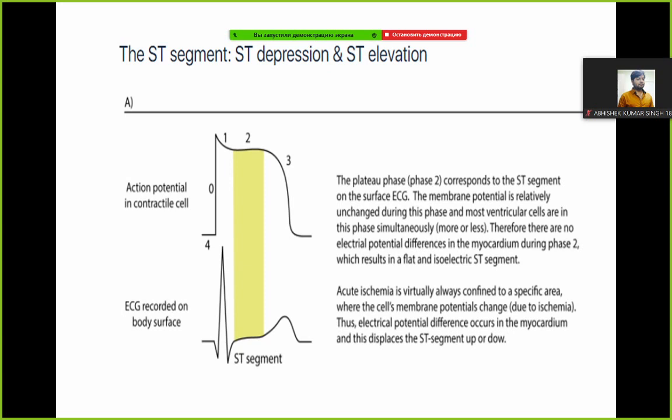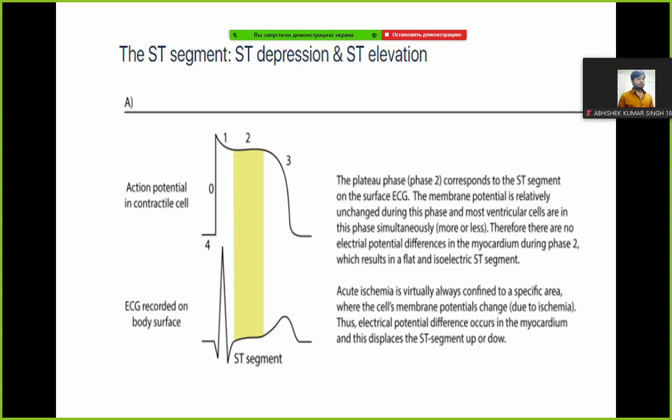Because of the long duration of the plateau phase, most contractile cells are in the same phase at the same time, more or less. Moreover, the membrane potential is relatively unchanged during the plateau phase. These two factors are the reason why the ST segment is flat and isoelectric, so it is recorded on the baseline normally.